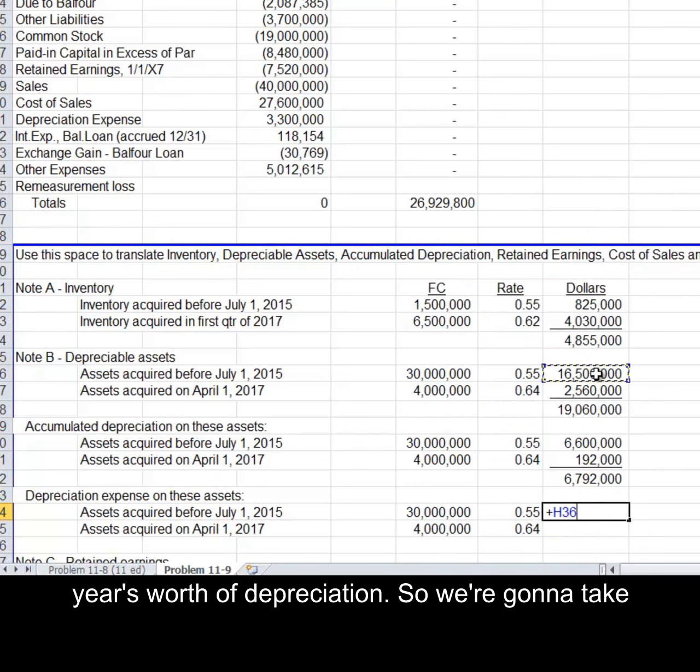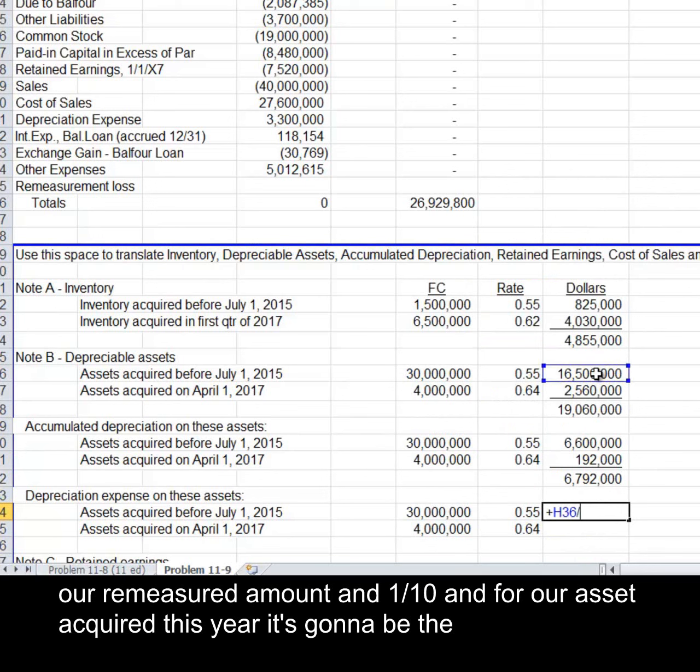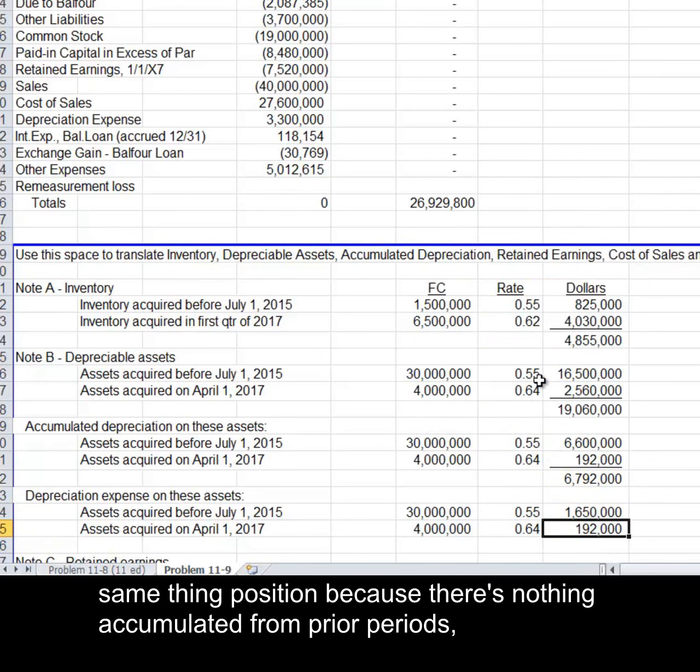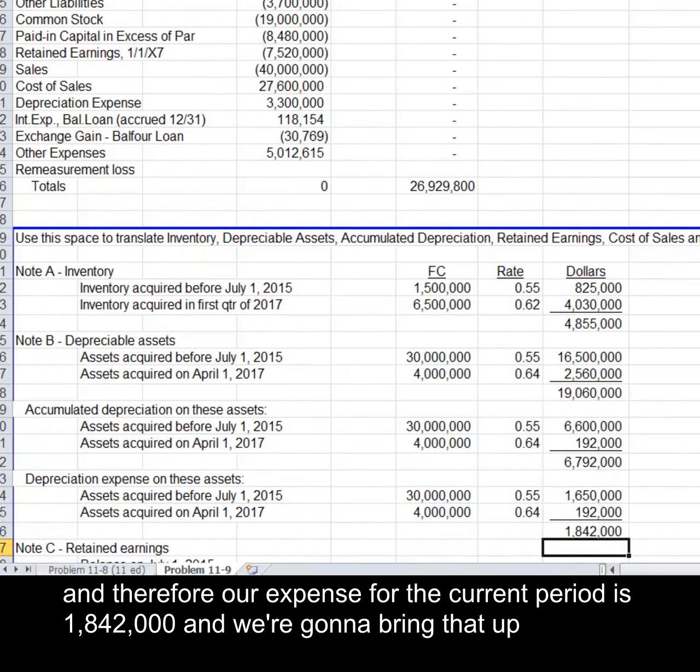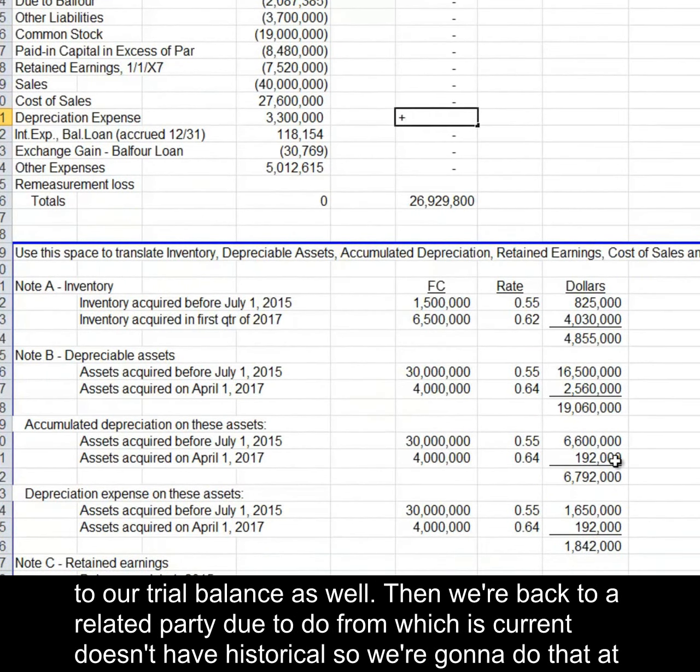So we're going to take our remeasured amount and 1/10, and for our asset acquired this year it's going to be the same thing because there's nothing accumulated from prior periods, and therefore our expense for the current period is $1,842,000, and we're going to bring that up to our trial balance as well.